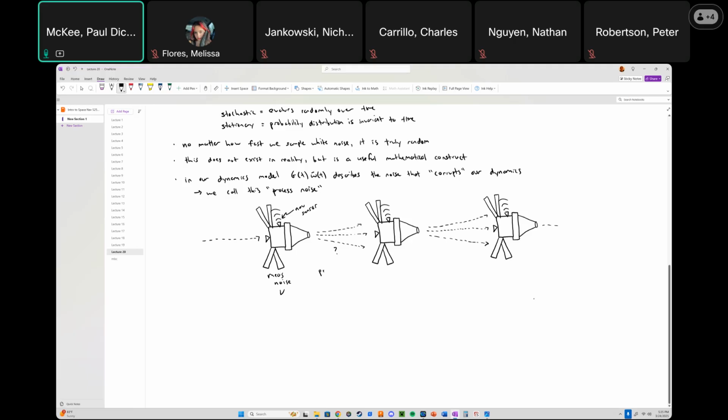That is where process noise reigns, or omega. And then you take a measurement, and again, you're dealing with measurement noise. And then process noise. And you're starting to see the pattern here.